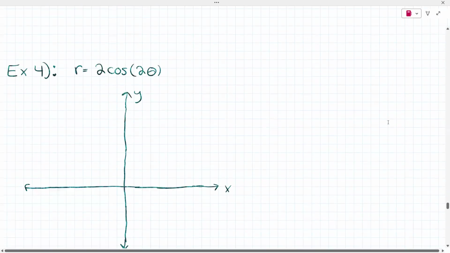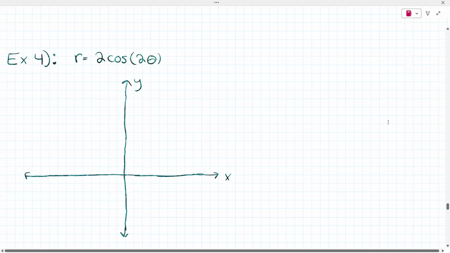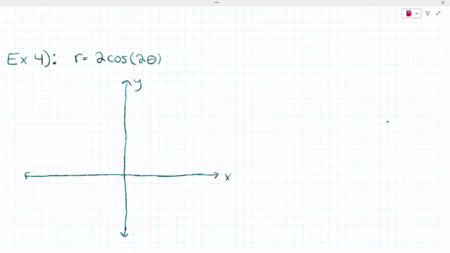Let's move on to example 4. So 2 is the length, and then 2 is even. So it's going to be 2n, which is 4 petals. So it would look something like this.